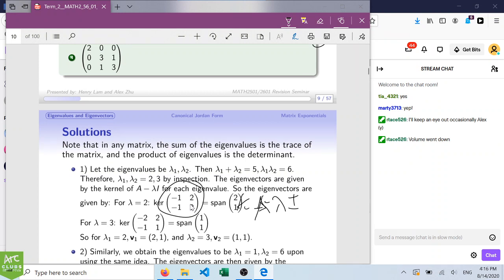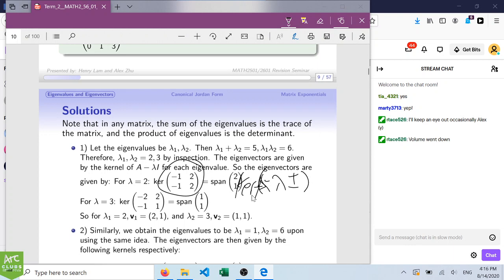If you don't remember, the kernel is the set of vectors v such that A minus lambda I times v is 0.